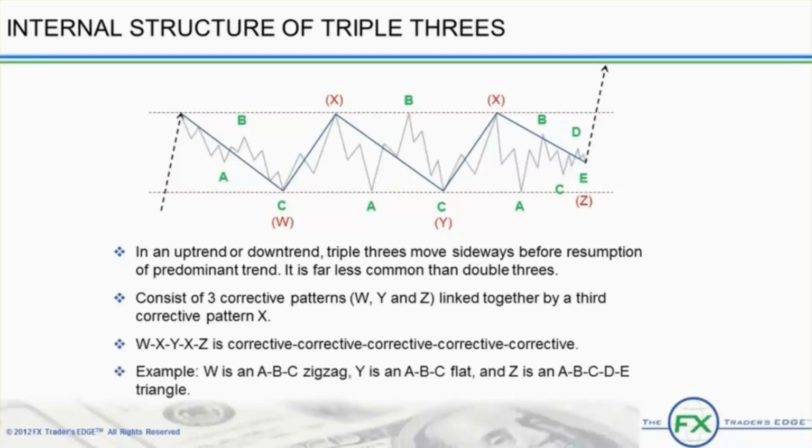In this example, W is an ABC zigzag, Y is an ABC flat, and Z is an ABCDE triangle. All 3 patterns are connected by the X leg, which is also a 3-wave pattern.